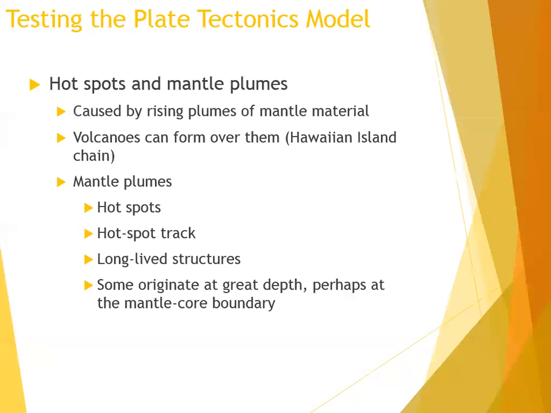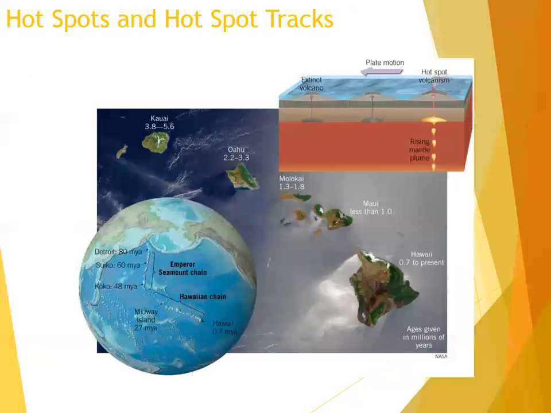You can track their movement over time, and they create some things at depth, but they can also create islands, like our Hawaiian Islands. The youngest island in the Hawaii chain is 1 million years old. Midway is the oldest at 27 million years, with Detroit Seamount, which is not really an island, at 80 million years of age.